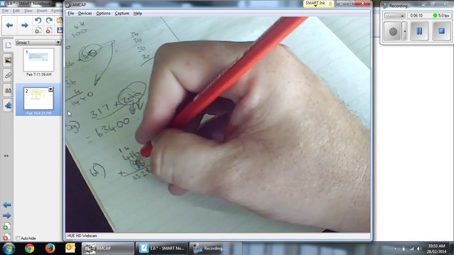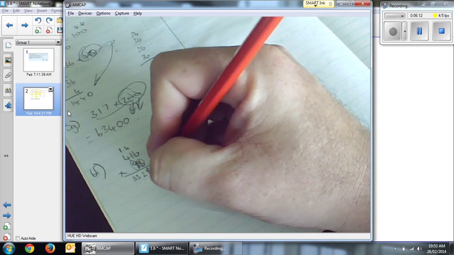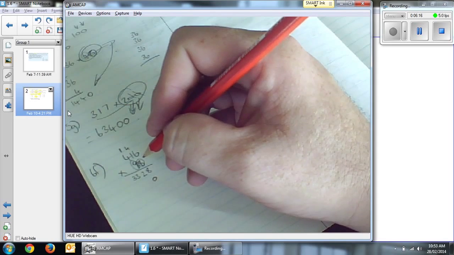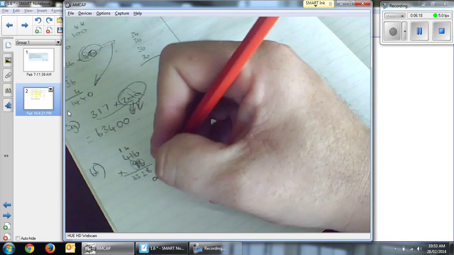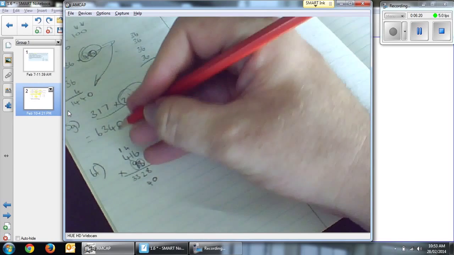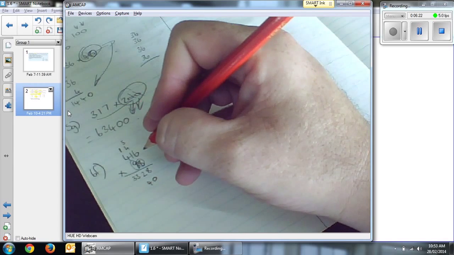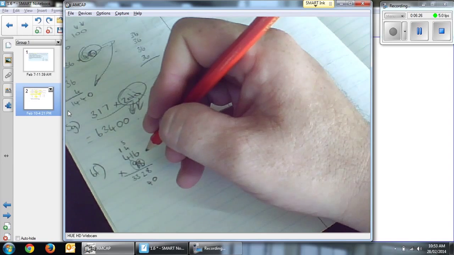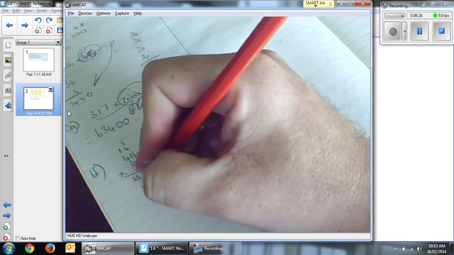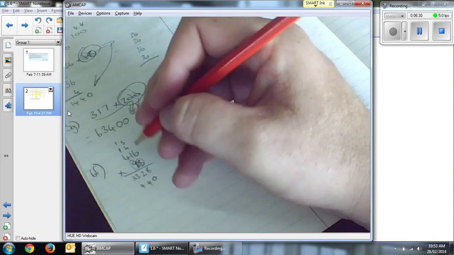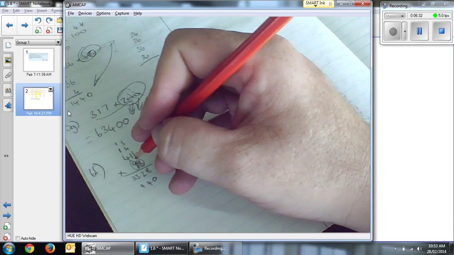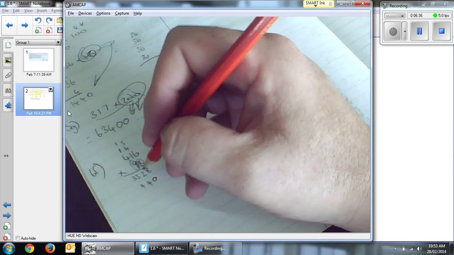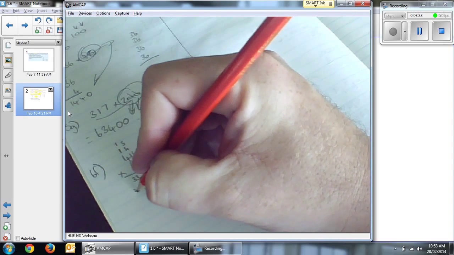And because it's a 10, we need to put in a 0 down here. So 9 times 6 is 54. So we put the 4 down here, the 5 up there because we're going to carry it. 9 times 1 is 9. Plus the 5 gives us 14. Carry the 1. And 9 times 4, 36. And once again, we add that 1, which gives us 37.